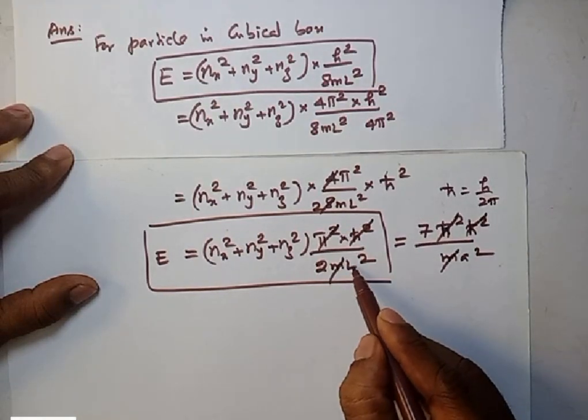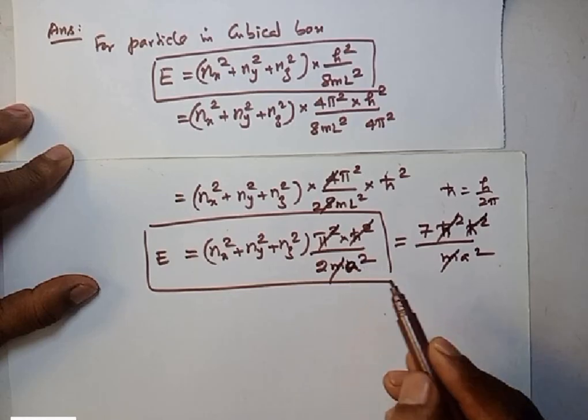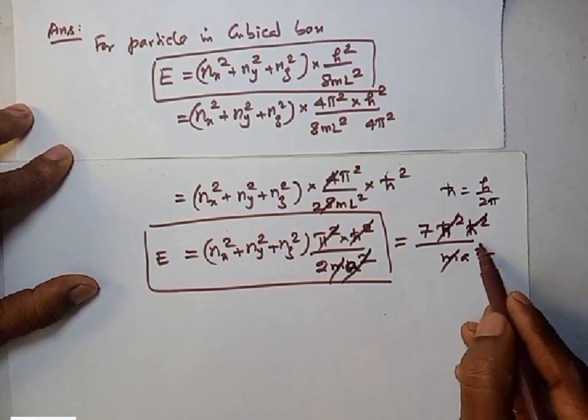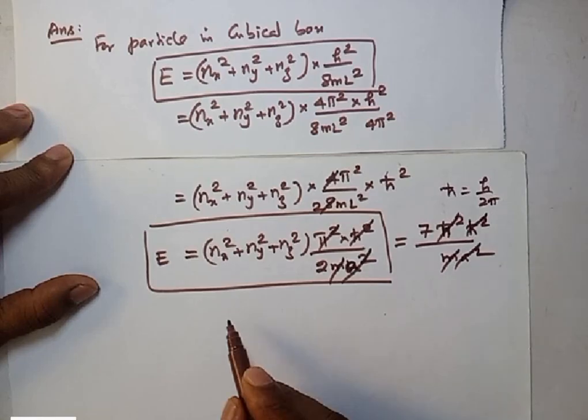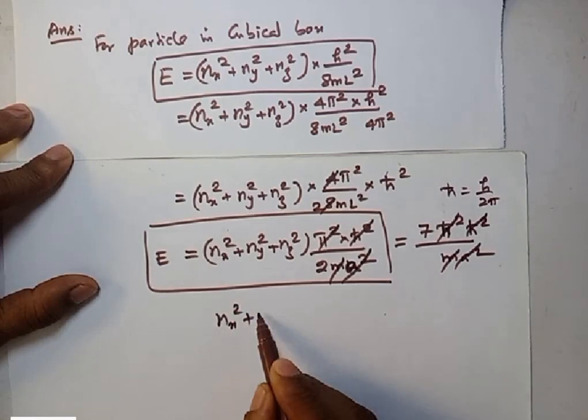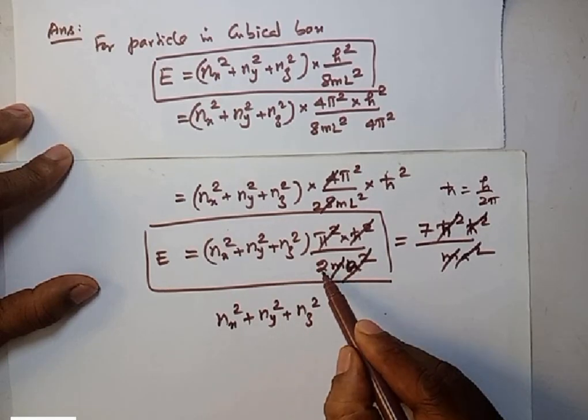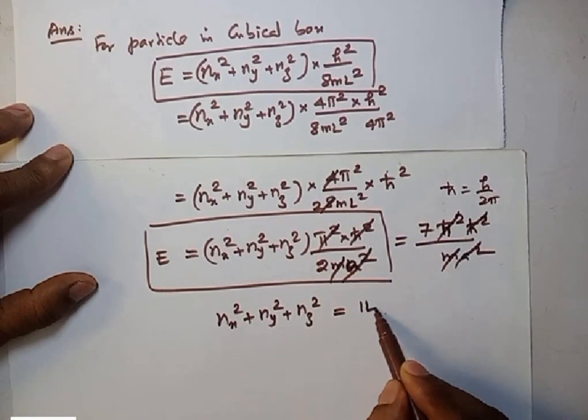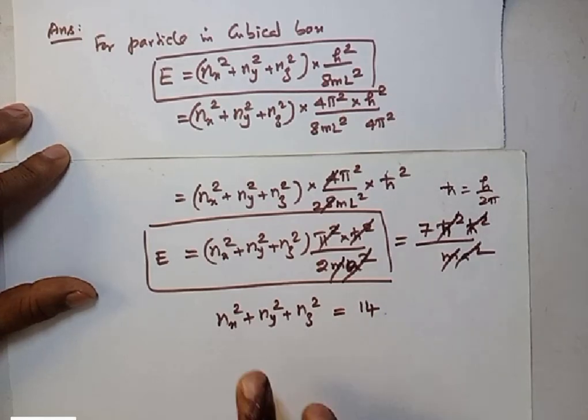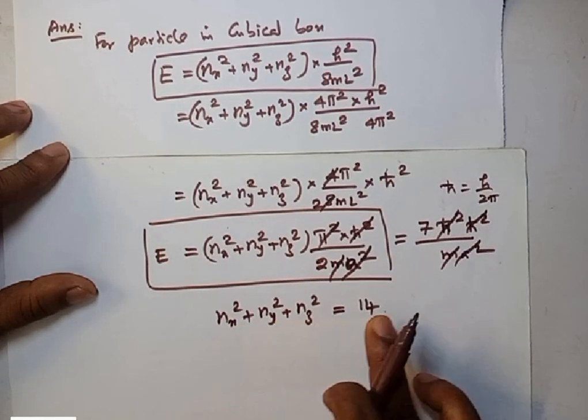I'm sorry, I have given box length as L here, but in the problem it is given A, so it should be A square. So A square cancel. Therefore, nx square plus ny square plus nz square should be equal to, bring this to this side, 7 into 2, 14. So the sum of squares of these numbers should be equal to 14.